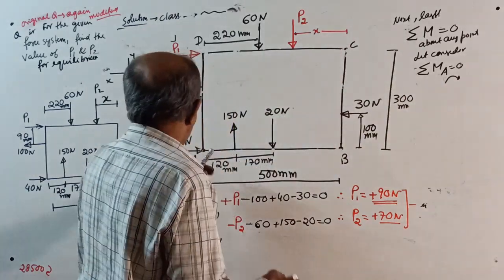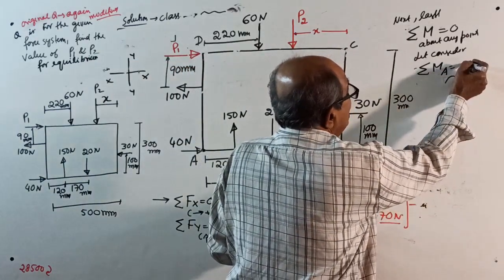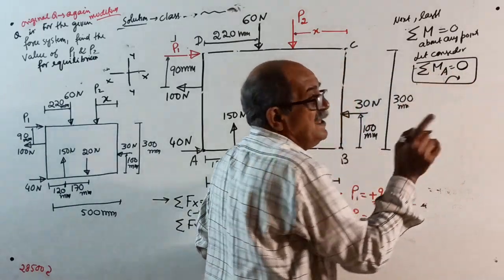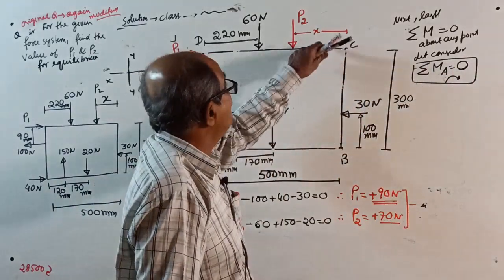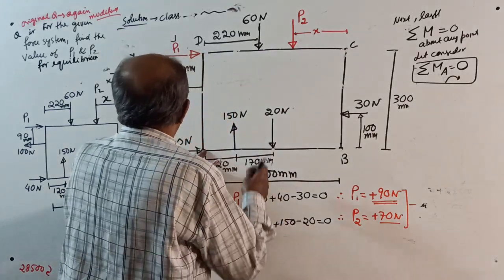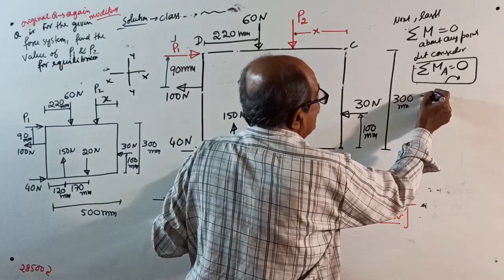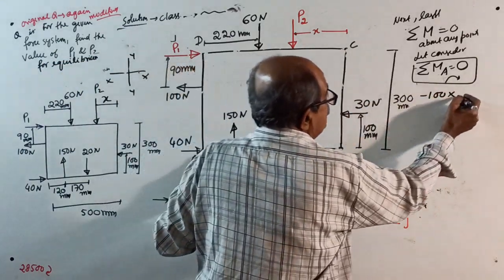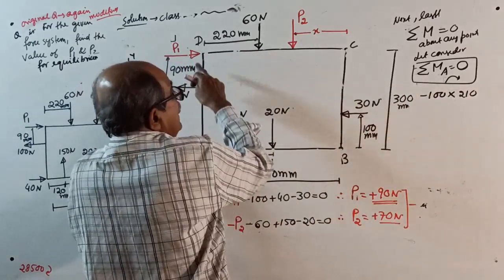Okay, take A. Now see, you are not finding sigma M now, you are applying the condition. We want sigma M to be 0. What value of X is required? So take moment about A: minus 100 into 210, plus P1 into 300.